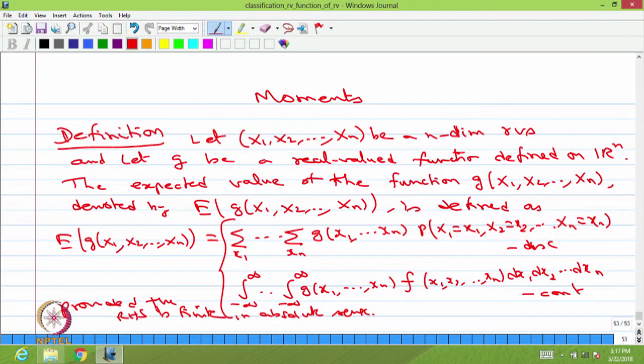The same condition is extended to the n-dimensional random variable, and we are finding the expected value of the function of random variables, g. When we say g is a real valued function, we assume that it is a Borel measurable function. In that we are finding the expectation of g of X1, X2, Xn. Again, we are not finding the distribution of g of X1, X2, Xn. We are directly computing the expected value of the random variable g of X1, X2, Xn.